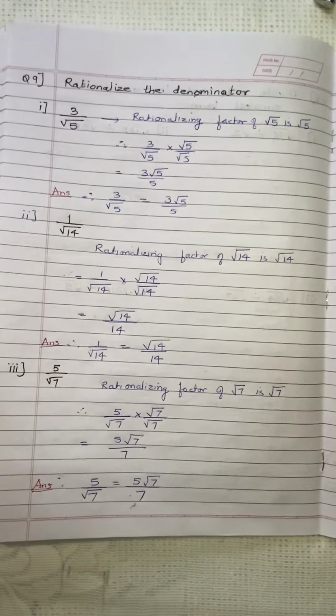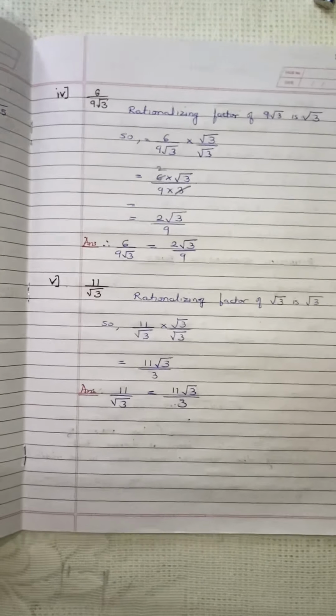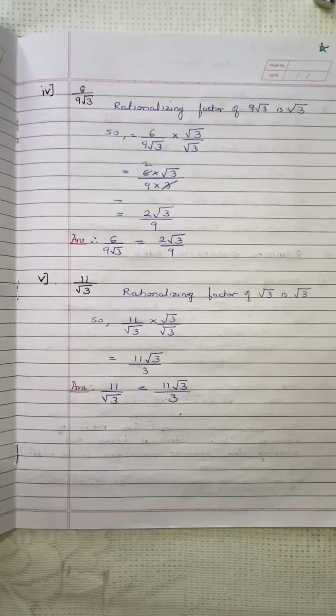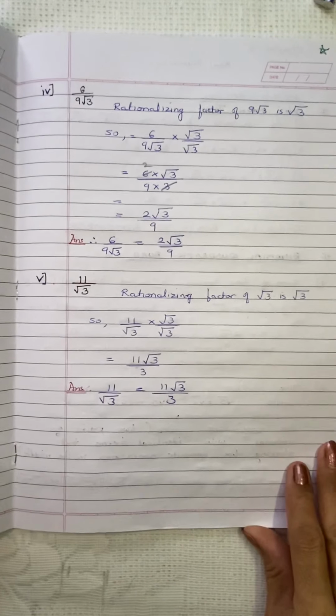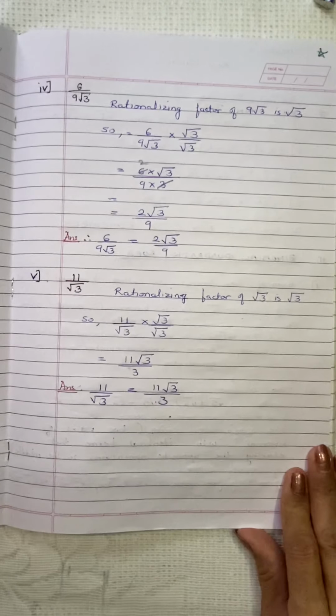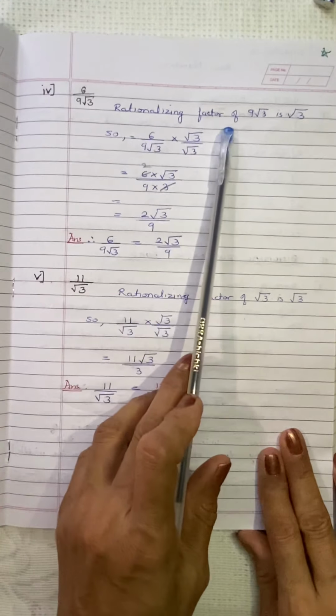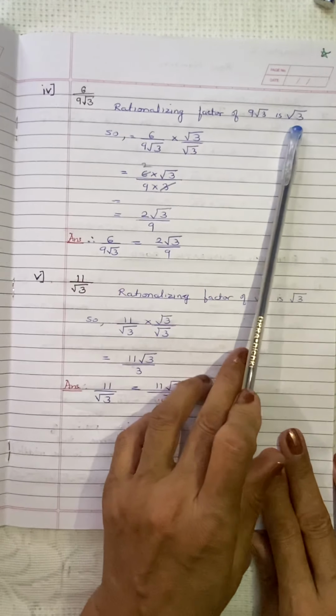Sub question 4. Six upon 9 root 3. Rationalizing factor of 9 root 3 is root 3.